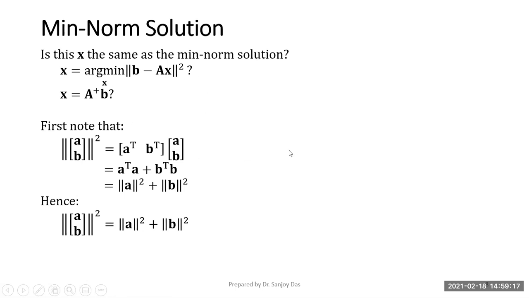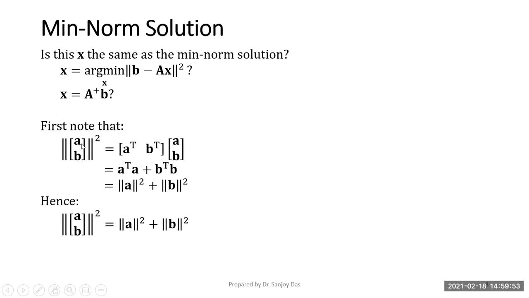Now, before we proceed with the proof, here is one thing that you should keep in mind. I have this block vector AB. It's another block vector, nothing to do with this B, just AB. What's its L2 norm squared? It is equal to the vector transpose times the vector. How do I transpose this block vector?